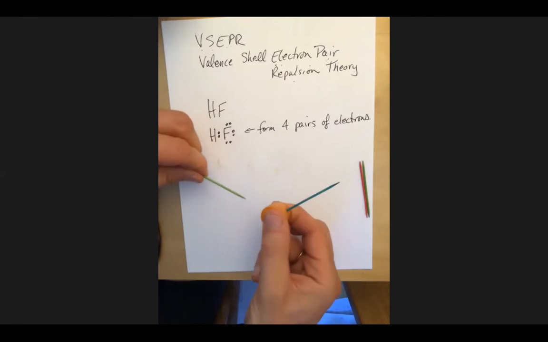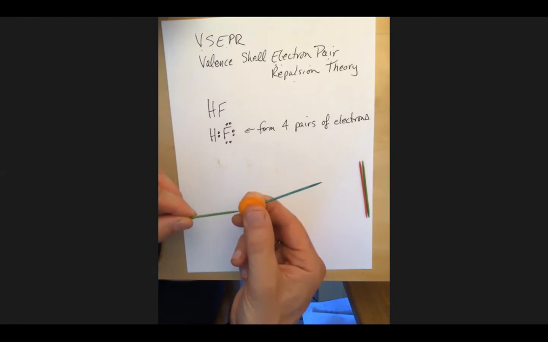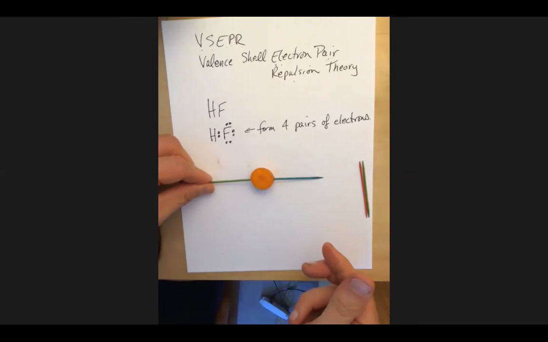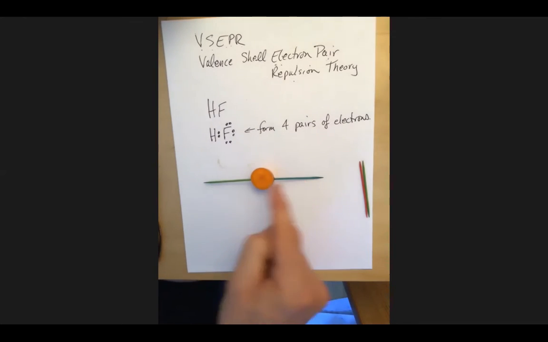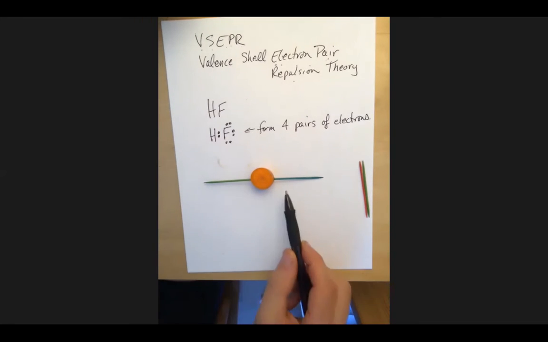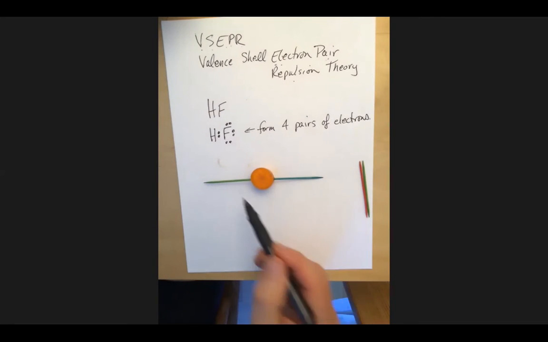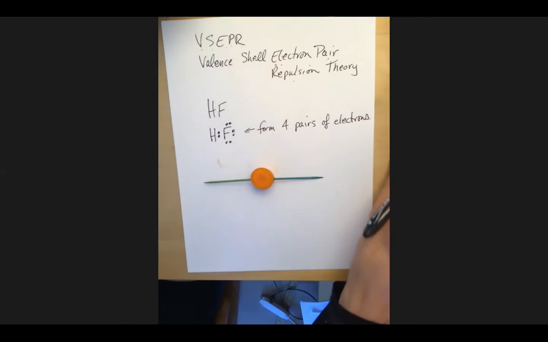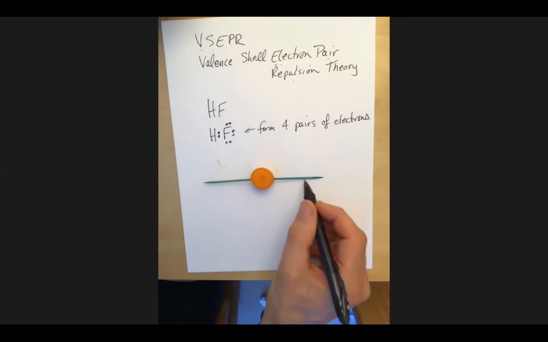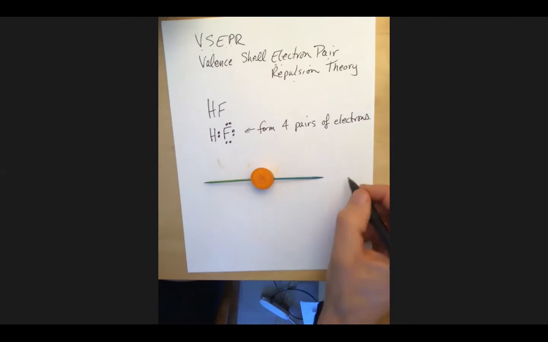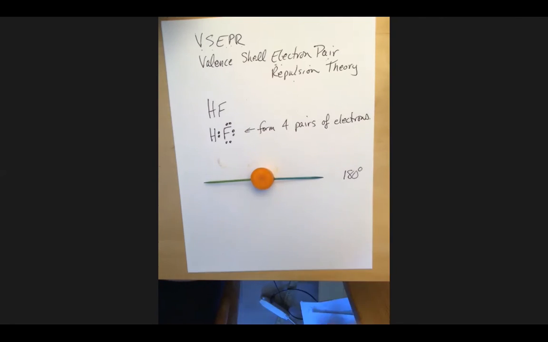In fact, in order to get them to repel each other as much as they possibly can, they're going to go across from each other. So in this case, I've got two pairs of electrons, and the angle between the pair of electrons on the right and the pair on the left is 180 degrees.